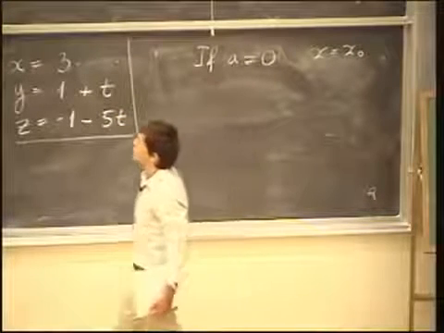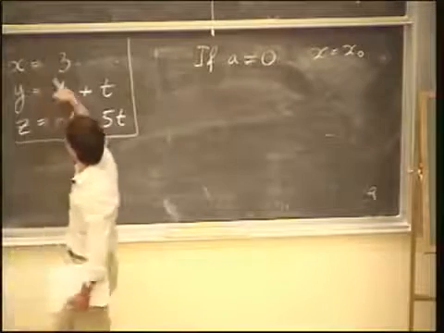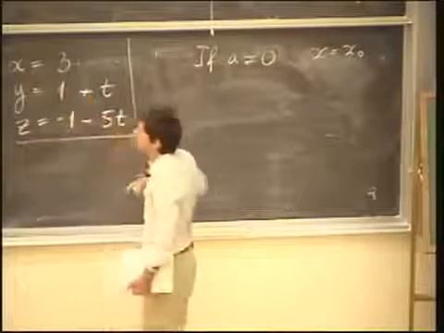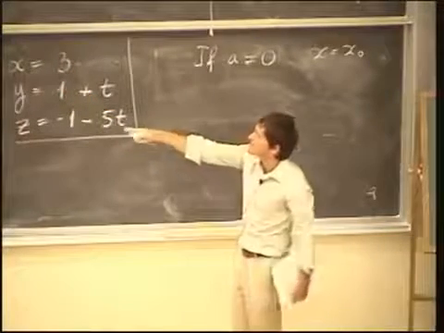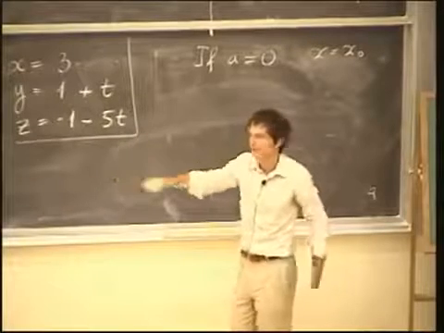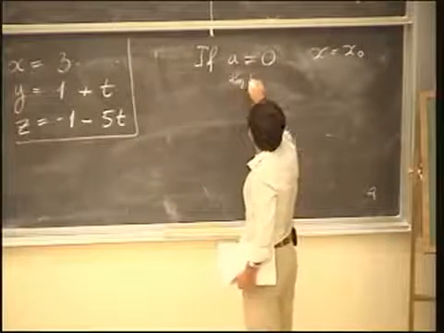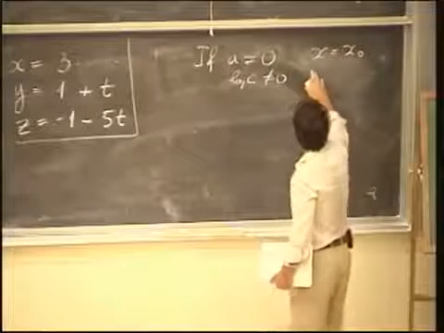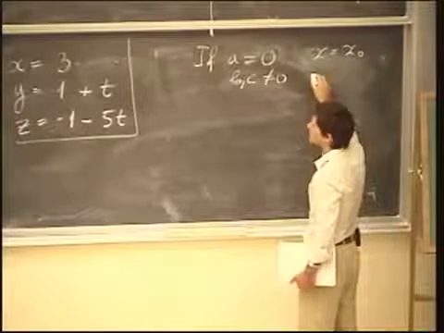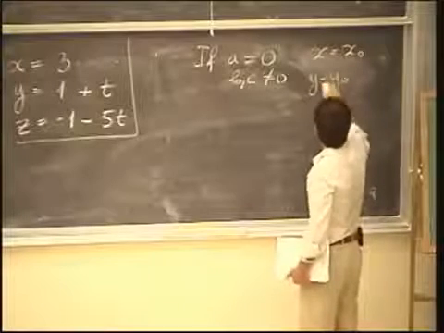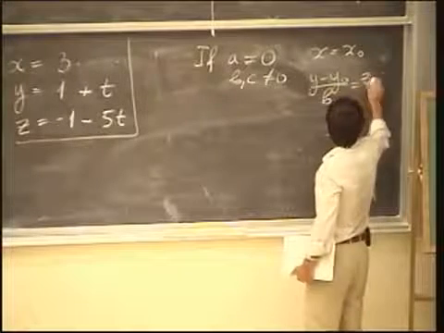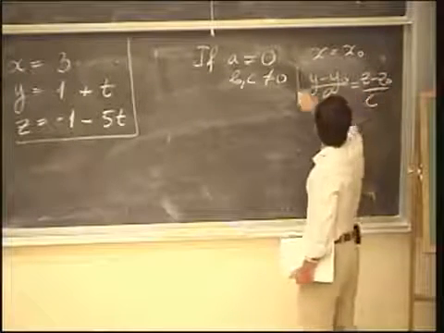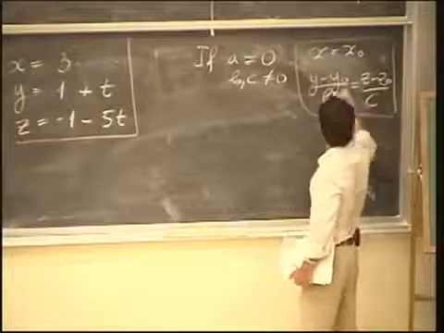So in this case, we cannot express t from the first equation because t is not in this equation. But we can express t still from the second and third equations provided B and C are non-zero. So if A is 0 but B and C are non-zero, we can write x equals x0 and (y minus y0) over B equals (z minus z0) over C. So we get two equations like this.